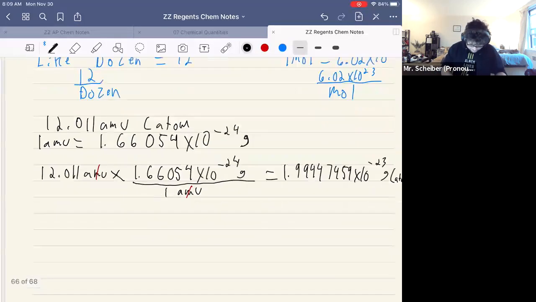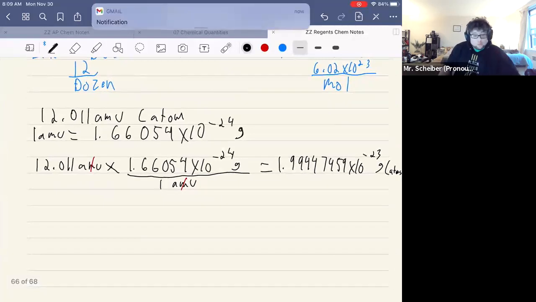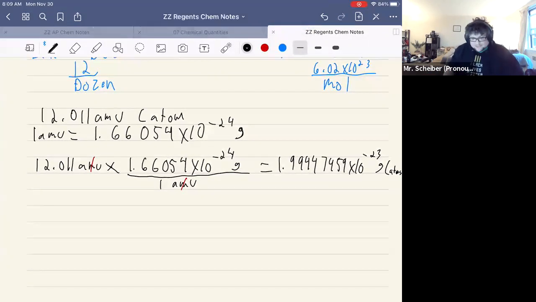Okay. Now I'm going to find out what 1 mole of carbon atoms is. So we know that if we want to figure out the mass of a dozen, we multiply by 12. To figure out the amount of 1 mole of something, we multiply by Avogadro's number.